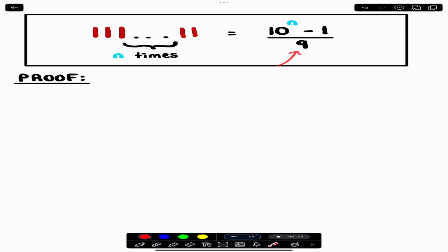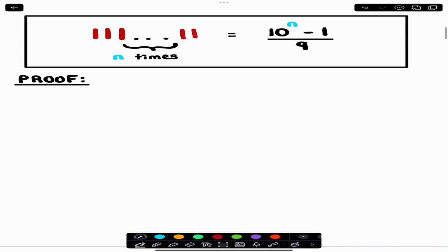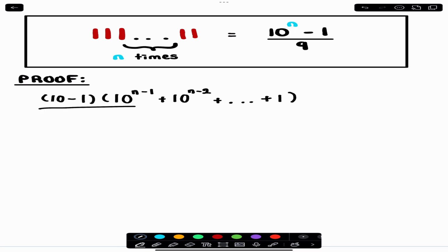We're going to start with the right side and just rewrite the numerator as follows. That's the same as 10 minus 1, and then we just have all of this in the middle. Again, this is like the a to the n minus b to the n formula, so we're just writing it all out.